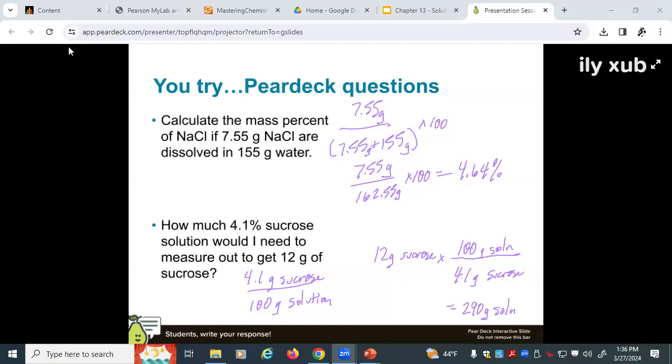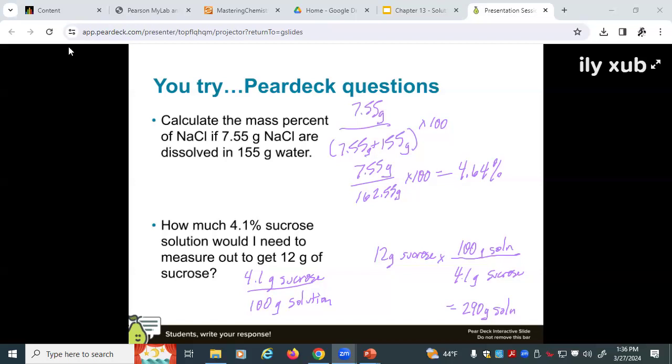Now, for this example, I turned it around on you. Instead of giving you grams of solution to turn into solute, I gave you grams of solute to turn into solution. So you have to flip around the fraction as well. Make sure that the grams of sucrose were canceling out to give you the grams of solution, because that's what the question was ultimately asking.